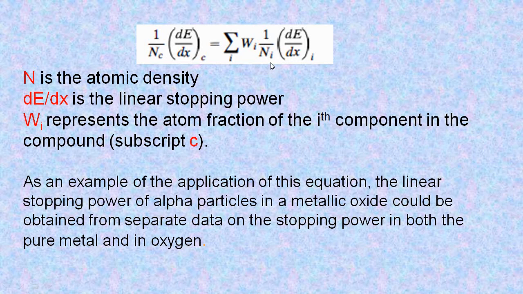And 1 by Ni represents the atomic density of that ith component, Ni, and d by dx of I is the linear stopping power of that particular component. So by knowing this, you can calculate this one. As an example of the application of this equation, the linear stopping power of alpha particles in a metallic oxide could be obtained from separate data on the stopping power in both the pure metal and in oxygen.